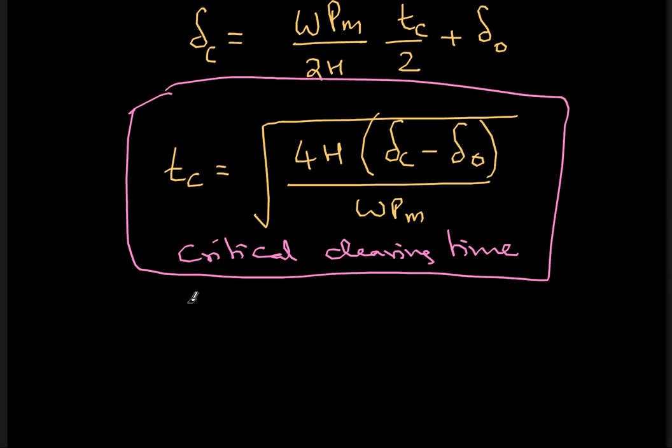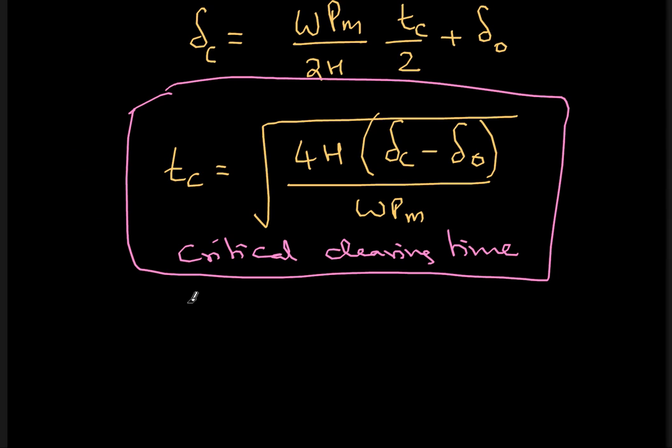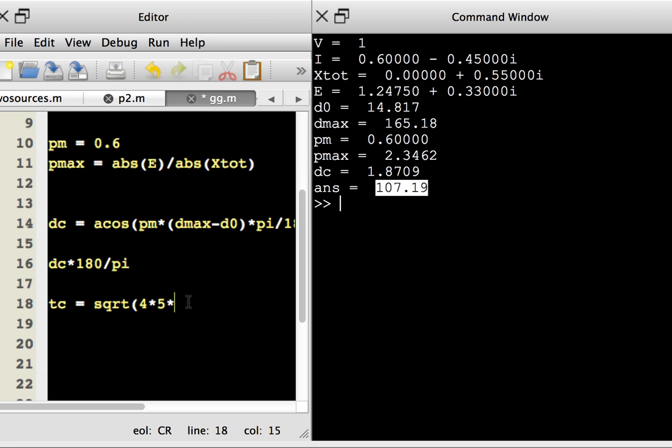In the numerator I have 4 into H, where H is given to be 5 in the question, multiplied by delta C minus delta naught. Remember delta C is in radians and delta naught is in degrees, so I am converting that.